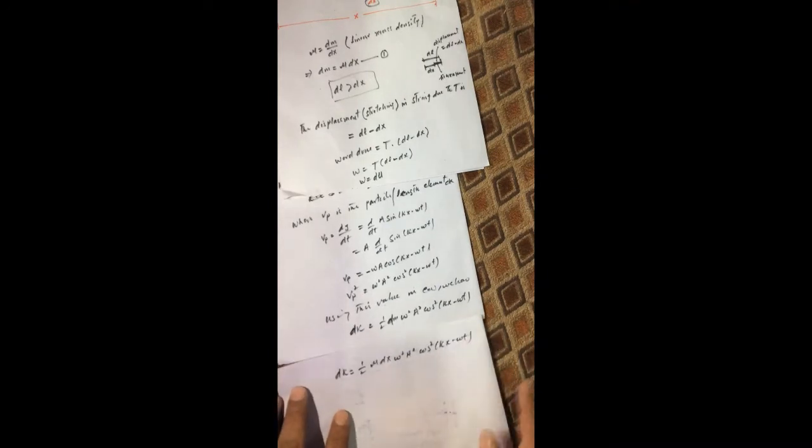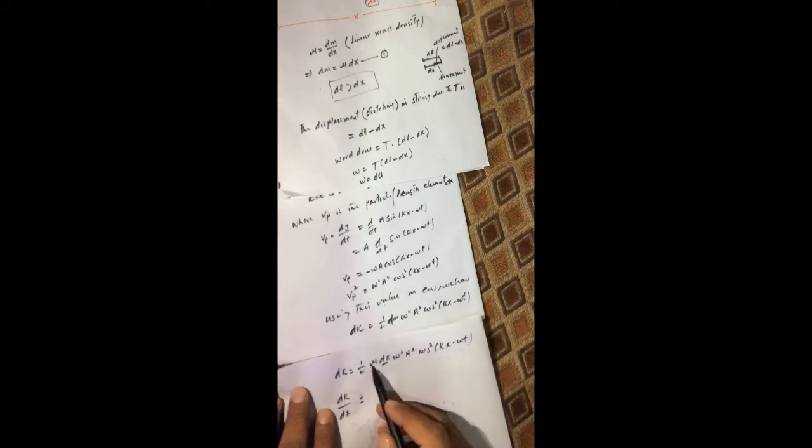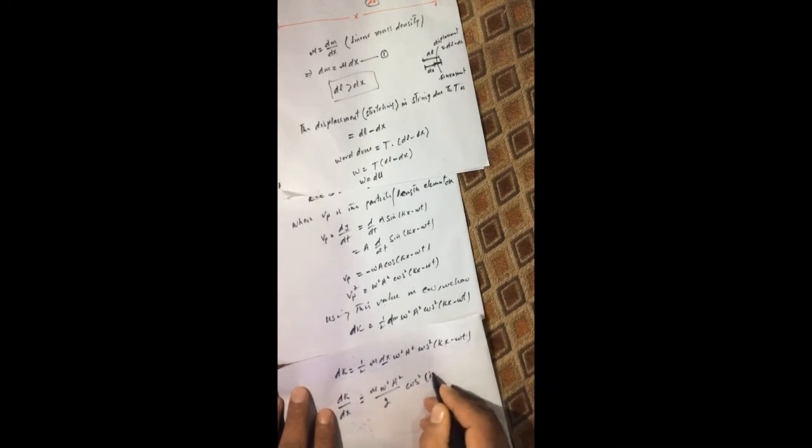I'll bring this dx to this side, we have dk over dx, which is equal to mu omega square a square divided by 2 into cos square kx minus omega t.